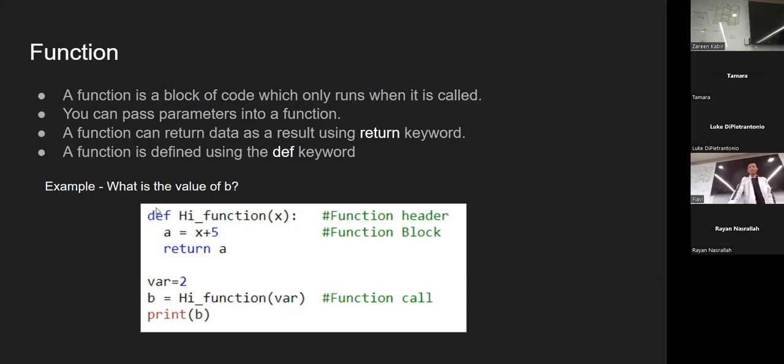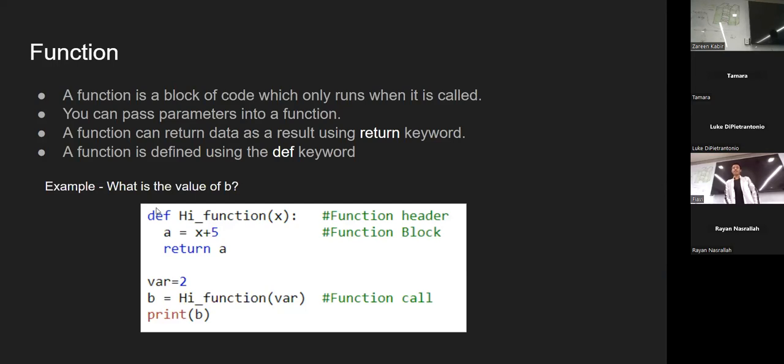Following is the example. The way I like to read the code is to ignore the function part first and start with the main part. So I start with a variable equal to 2. That's an integer variable. After that, there's a function call, and the result of the function call is assigned to the variable b.